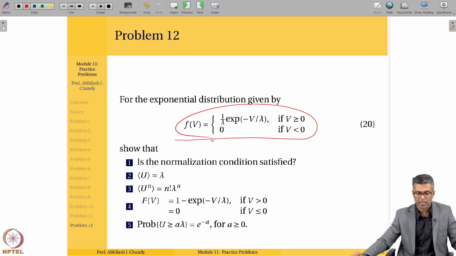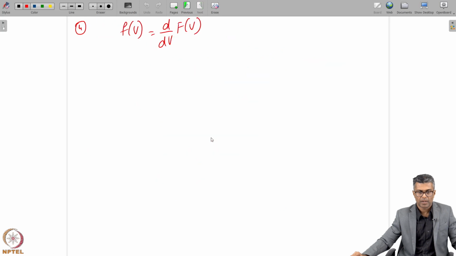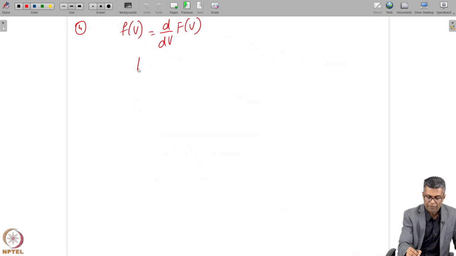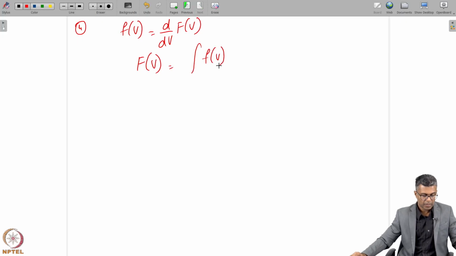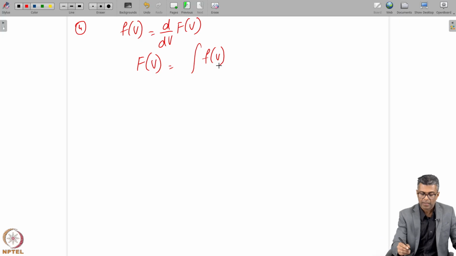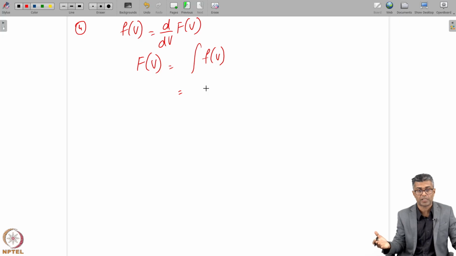If I just integrate this, what I'll get is F of v, which would be the integral of f of v from 0 to v. I'm integrating with respect to v, okay? It is not minus infinity to infinity, because minus infinity to infinity would be the normalization condition. You're integrating from 0 to v.